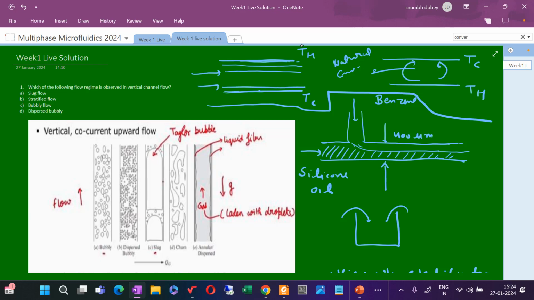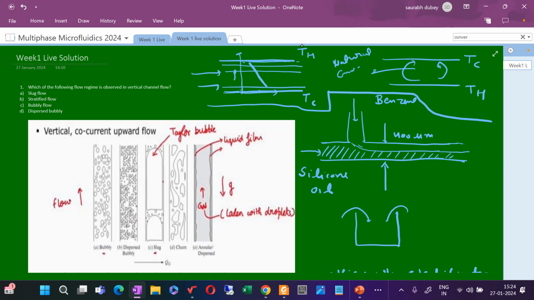So there could be a graph for the density, like if you draw this density versus this lateral dimension. At the top there will be less density, and at the bottom there will be more density. So this is also a density stratification kind of thing, meaning different layers have different density.